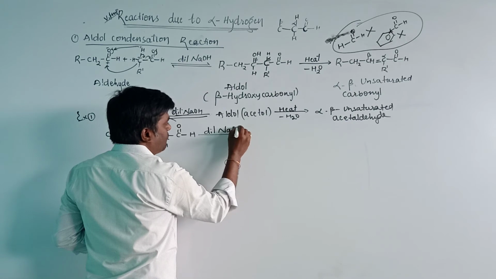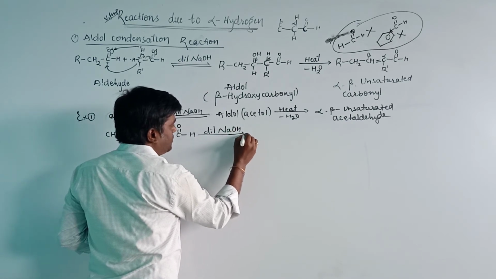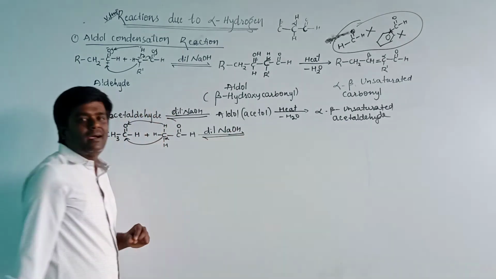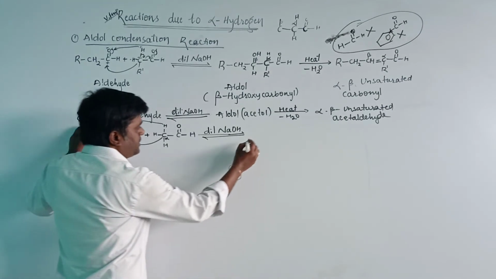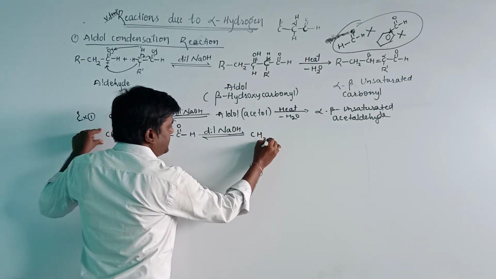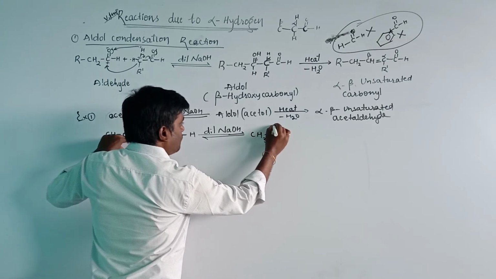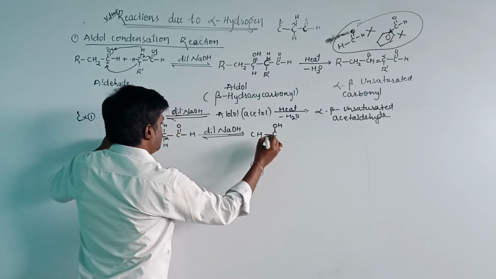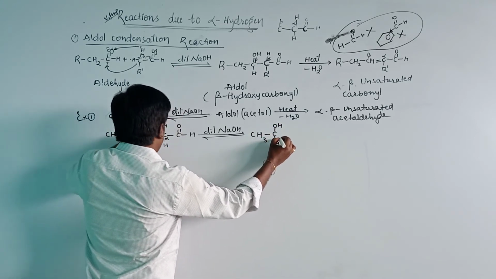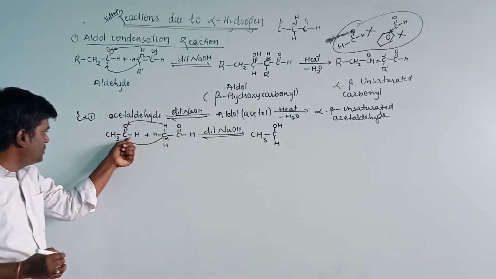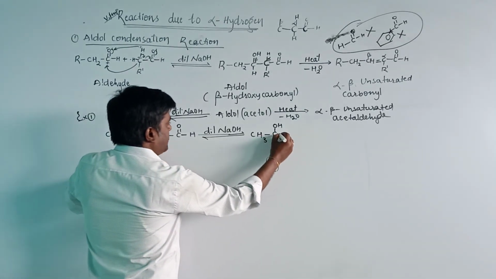This reaction is carried out in the presence of dilute NaOH. Then the product will be CH3 CH with OH, and here hydrogen, then this part will attach to the carbon atom.